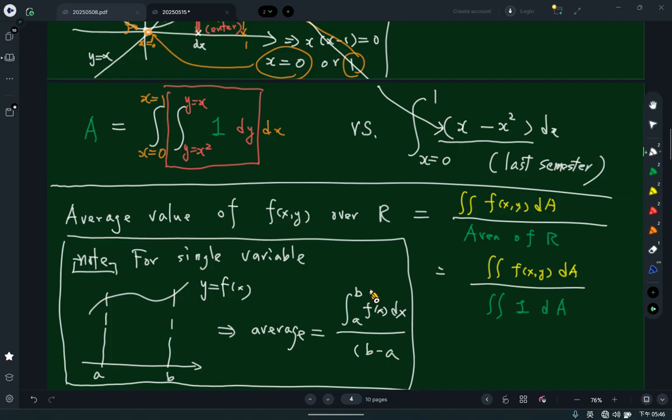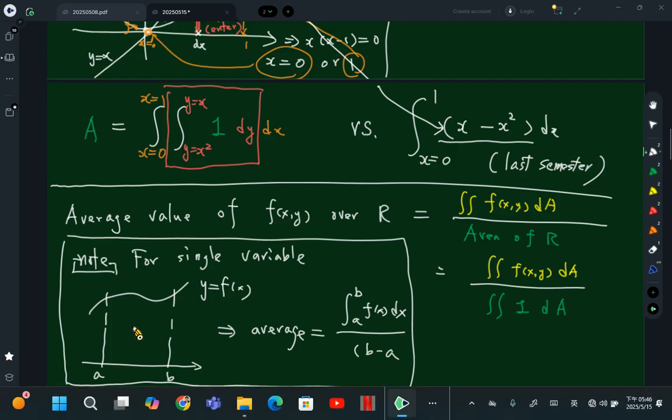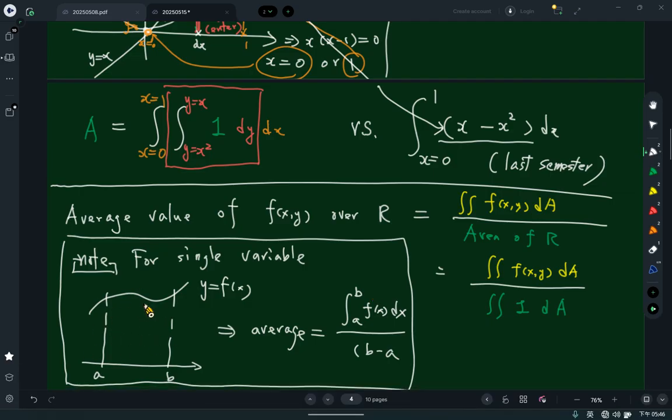For this part, we calculate the volume first, divided by its area. Just like here, we calculate the area first, divided by the length. For two variable functions, we get the integration first, divided by the area. Then we can get the average value for f of x, y over R.